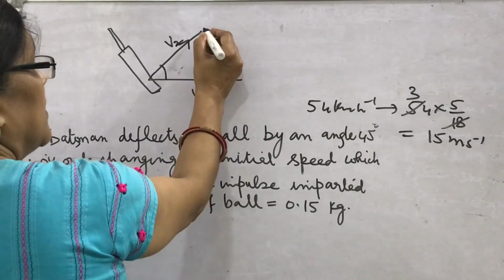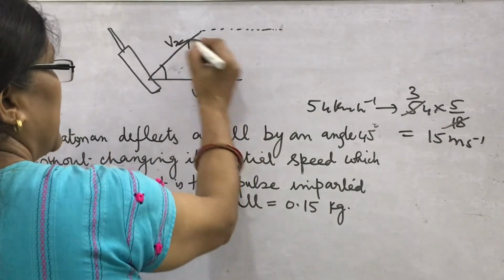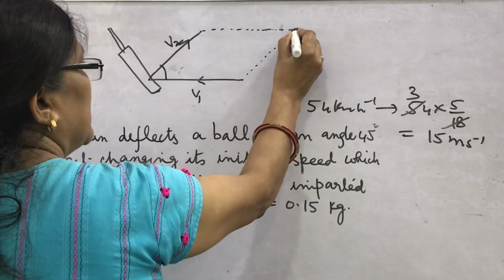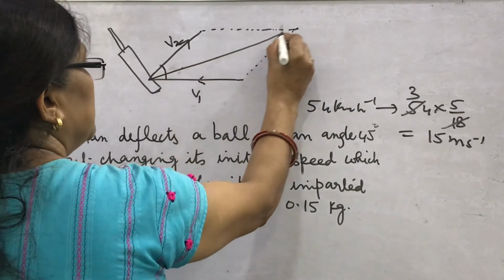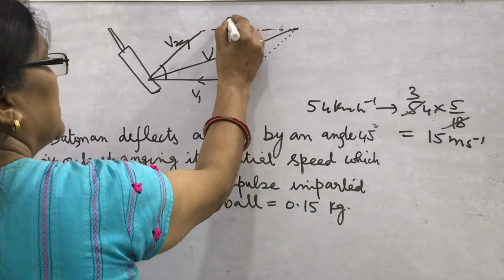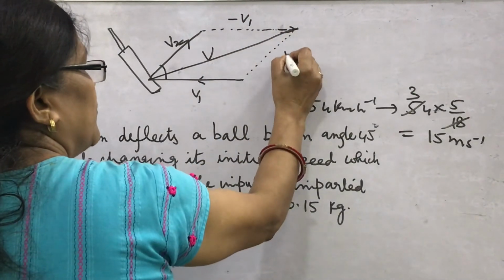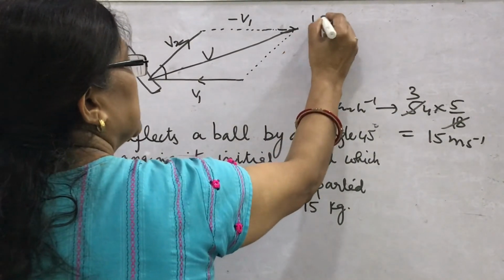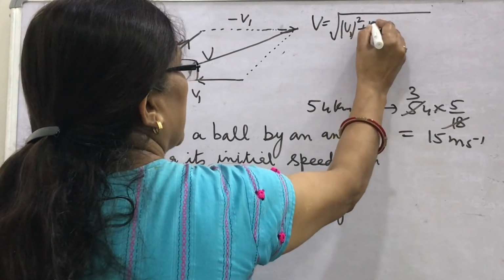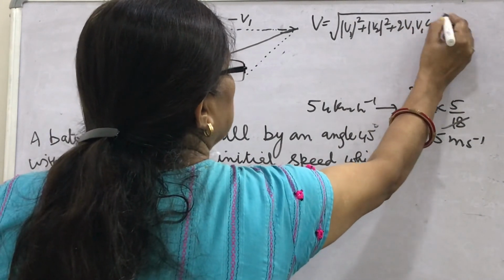What will be the resultant velocity? That is v1 minus v2. Then you will use the law of parallelogram of vectors. So you will find this will be the resultant velocity, because if this is v1 you have to take this as minus v1, here we have taken. Then what will be v? You will find v can be written as, by the law of parallelogram, the magnitude square root of v1 square plus v2 square plus 2 v1 v2 cos theta.